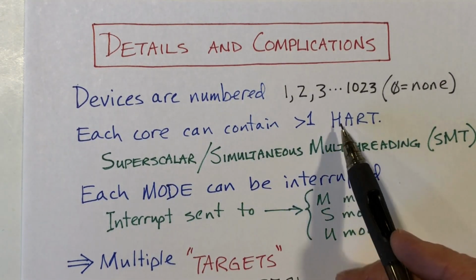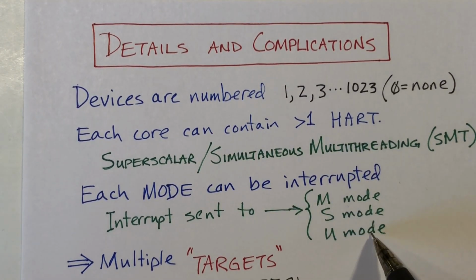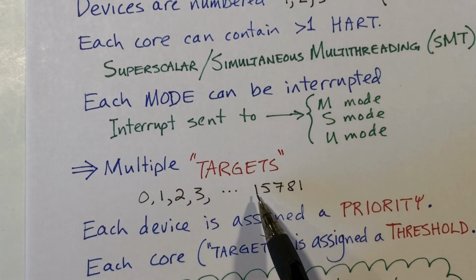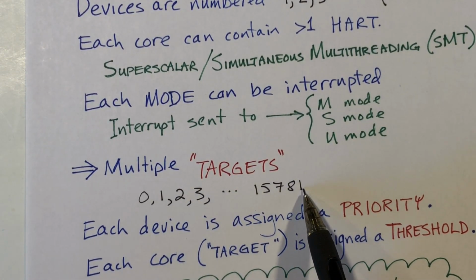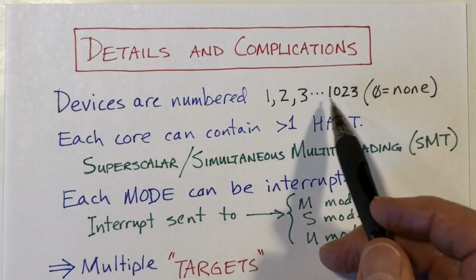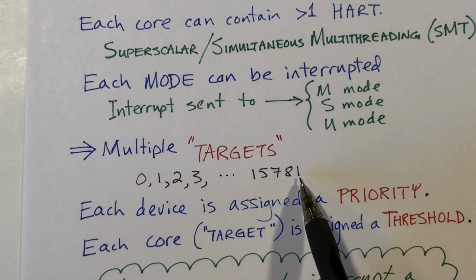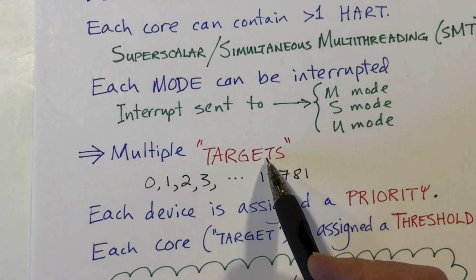So, each hart is a separate target, and each mode is a separate target within that. And the specification can deal with up to 15,782 different targets numbered with numbers. Now, the specification goes up to these numbers, 1023 and 15781, although a particular implementation may not be able to handle quite that many devices or targets.